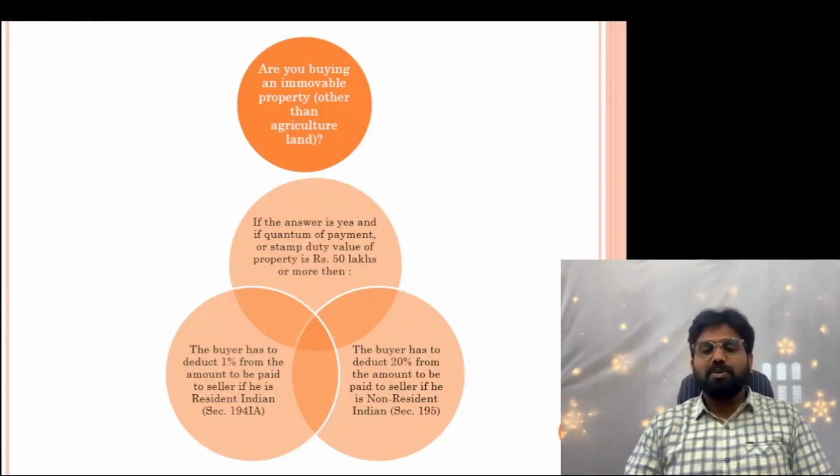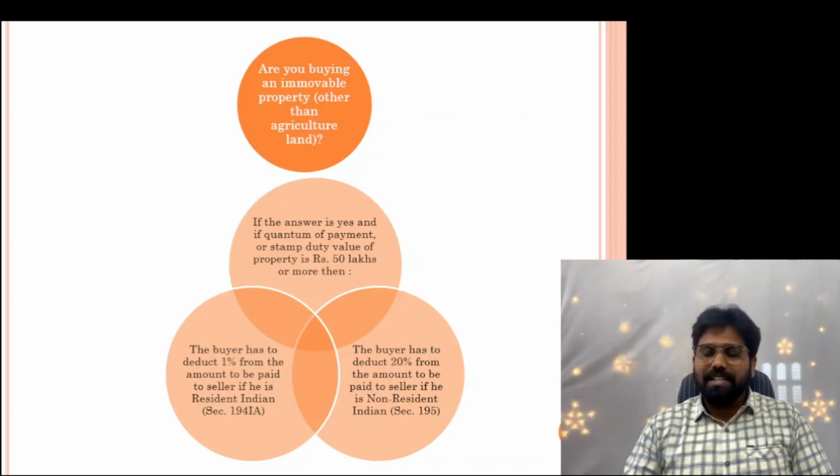If you are planning to invest in an immovable property like land or building other than a rural agricultural land, then the stamp duty value or the actual consideration which a buyer will be paying to the seller is equal to 50 lakhs or more than 50 lakhs, then if the seller is a resident of India, the buyer has to deduct 1% from sale consideration and remit the balance amount to the seller.